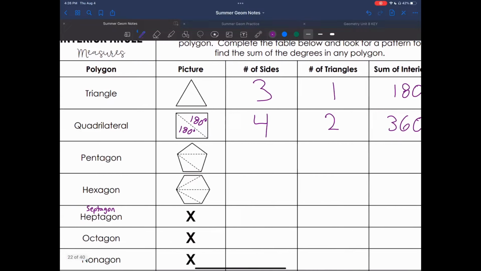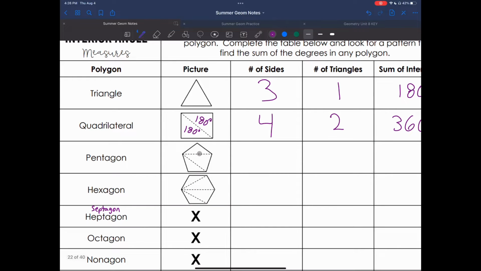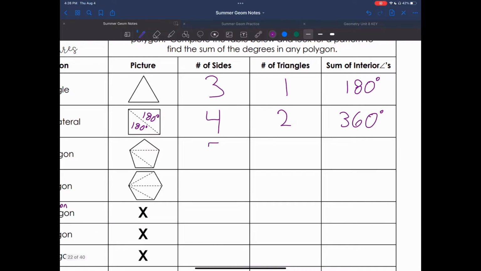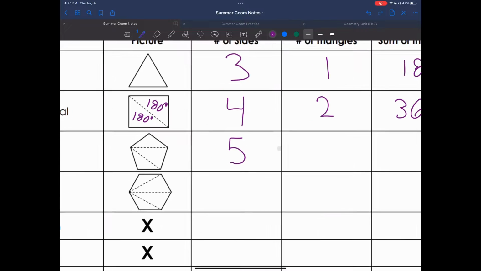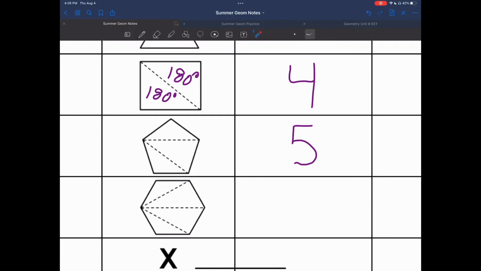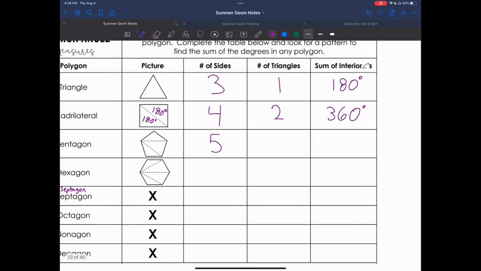So this next one is a pentagon. That's a 5-sided figure. So number of sides is 5. And how many triangles could be formed? So if we zoom in, they picked this vertex and did a little line to this one and then to this one, and that's all you can do. So we have 1, 2, 3 triangles drawn. So number of triangles would be 3.